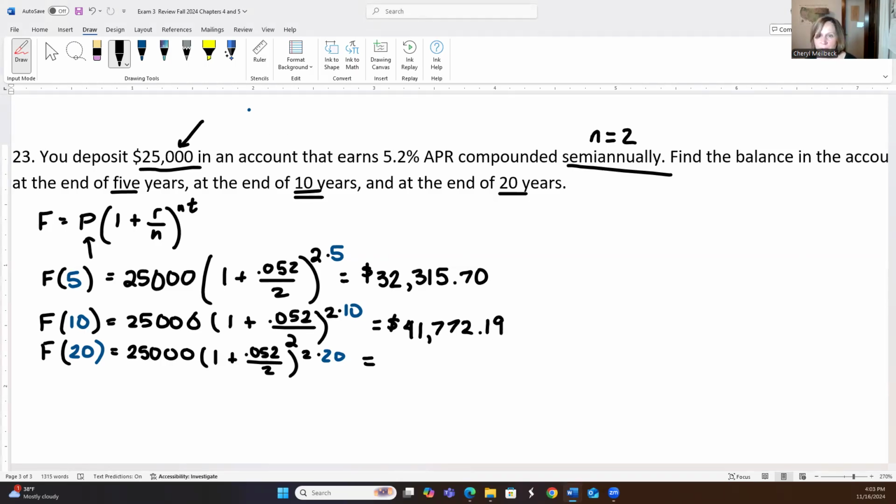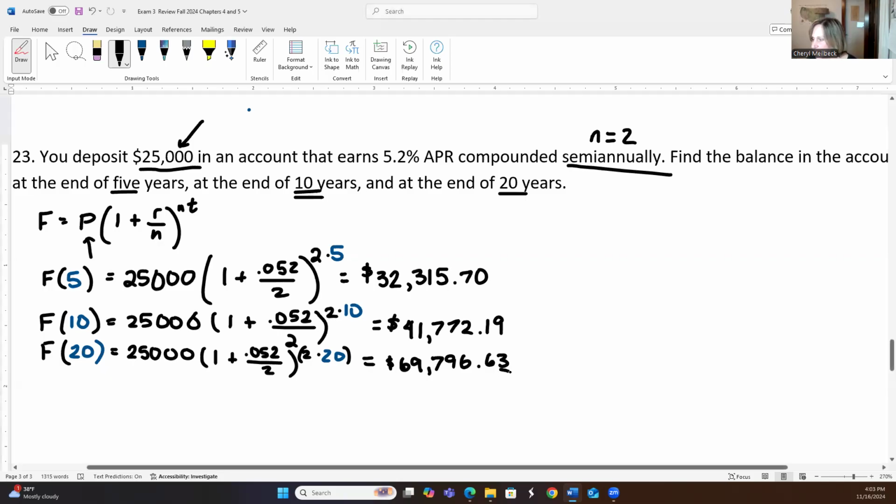Let's see what you get when you plug in 20. So when we plug in 20 years, we only change the time, T, and we get $69,796.63 because we round to the nearest cent. Let's look at our next question.